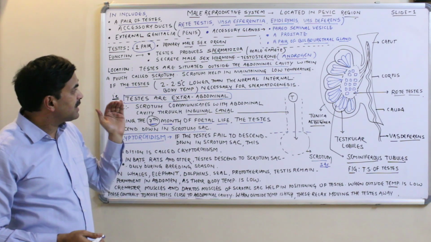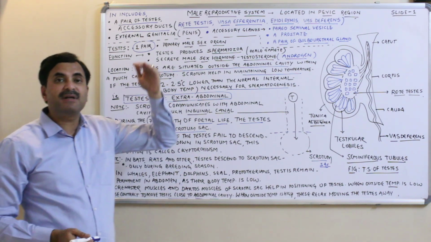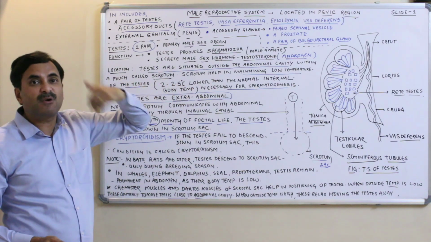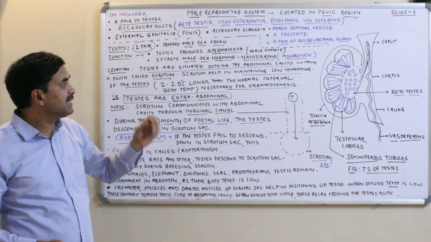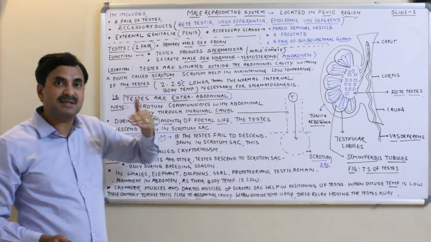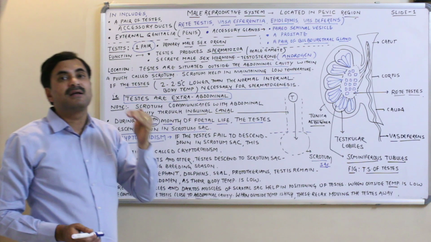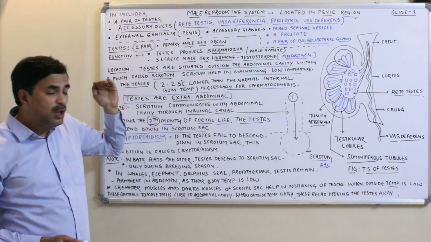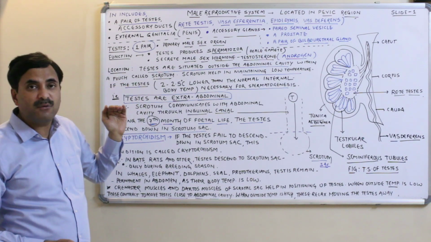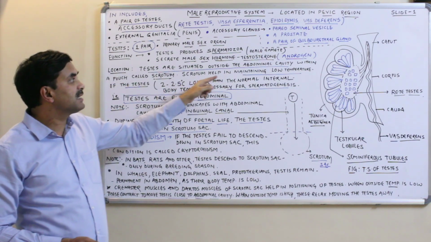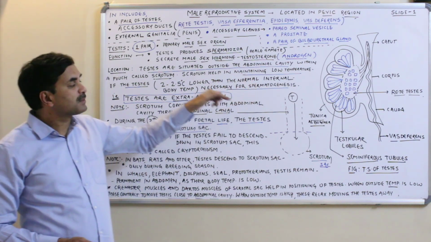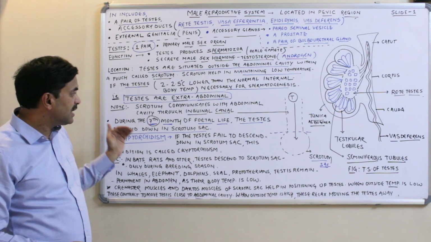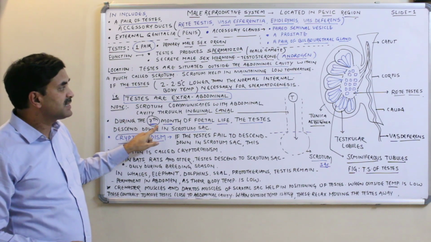We must know that our body temperature is high, 37 degrees Celsius, but the temperature of the scrotum, which is found outside the abdominal cavity, is 2 to 2.5 degrees Celsius less than the body temperature. And testes require the lower temperature for the production of normal sperms. That's why the testes have descended down in the scrotum sac during the 7th month.